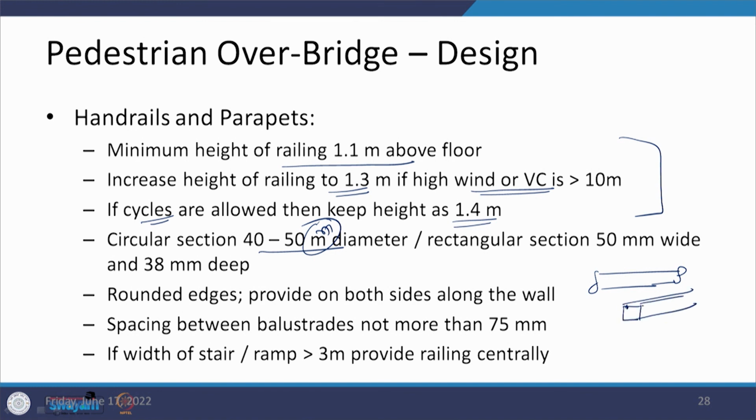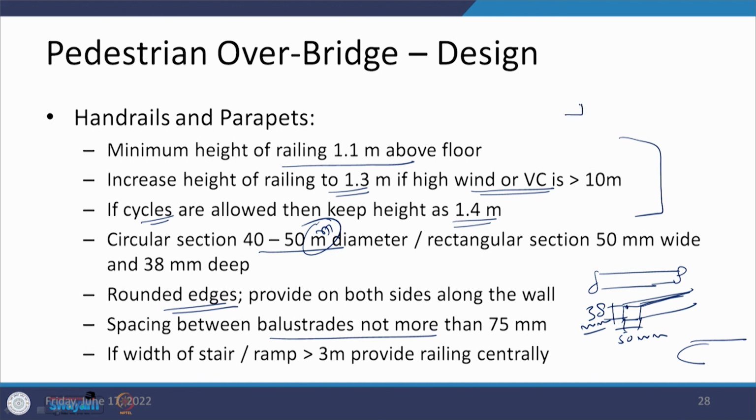this is how it looks like. So, it should be 50 mm wide and 38 mm deep. That is how it is being provided. The edges are being rounded, as I have shown previously, that you have to just culminate them in this form so that it is not obstructing. Spacing between balustrades should not be more than 75 mm.